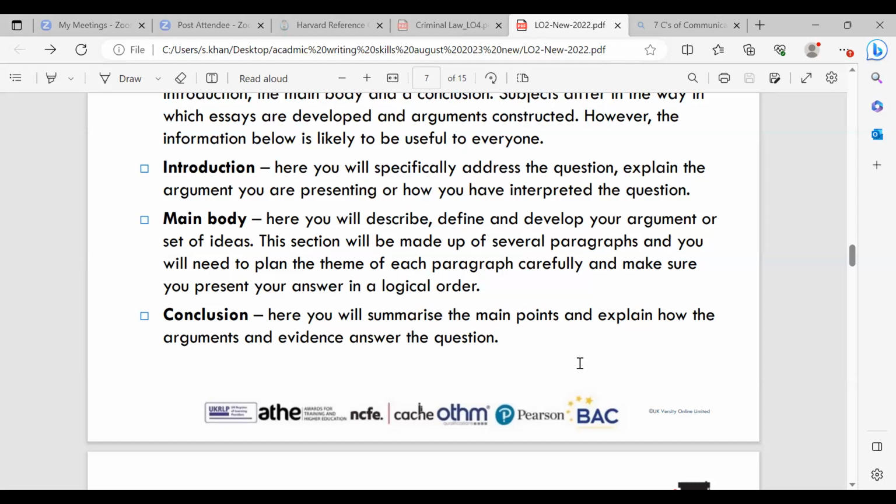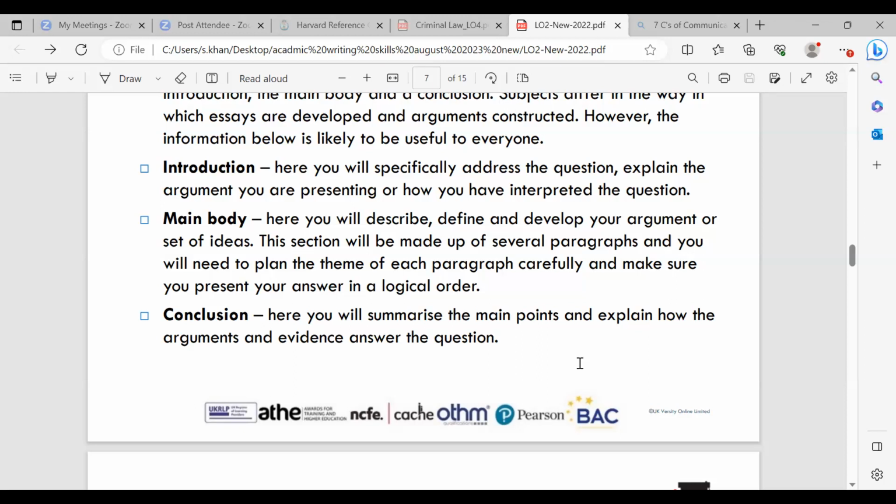Why do you think it's so important to have an introduction and a conclusion? Yeah, it's important because you can't go on with the development or body of work without an introduction, and you can't finish the body without a conclusion.